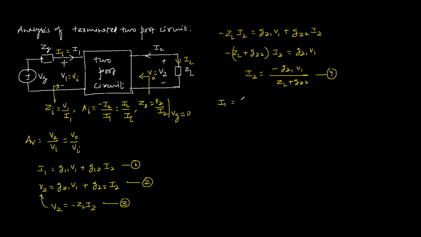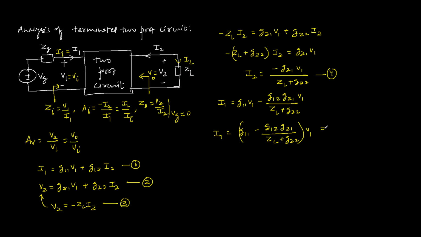So I1 is G11 V1 minus G12 into G21 V1 over ZL plus G22. So I1 is G11 minus G12 into G21 over ZL plus G22, times V1.